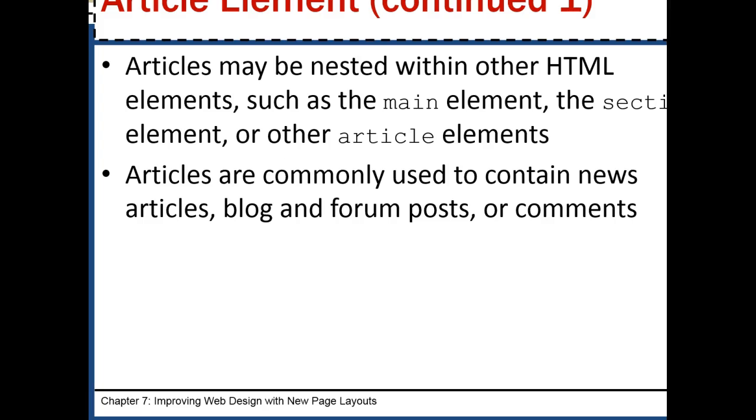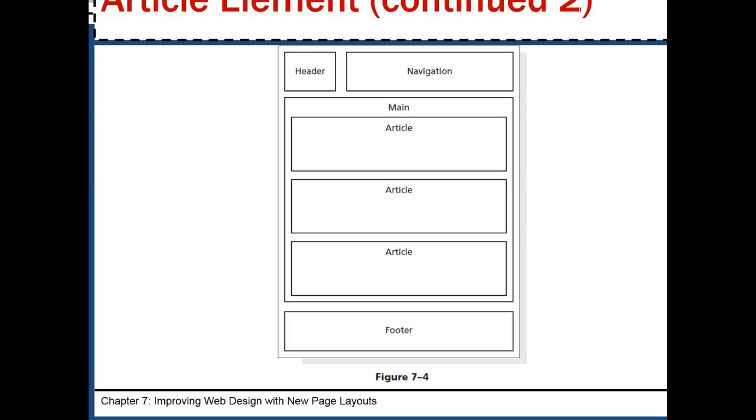Articles can also be nested within other HTML elements, such as the main element, the section element, or other article elements. Articles are used to contain news articles, blog and forum posts, or even comments. Let's look at this figure.